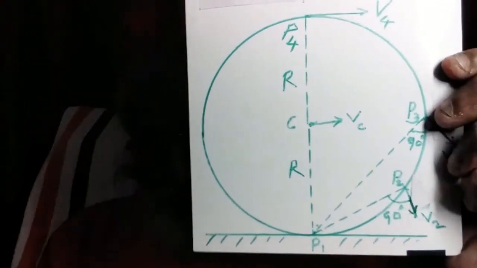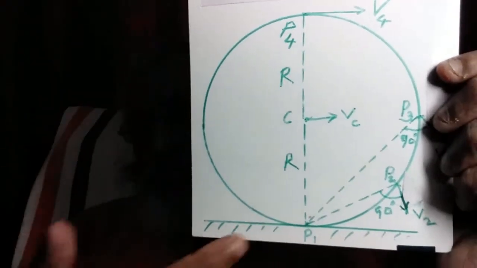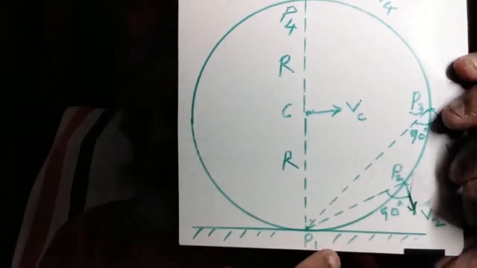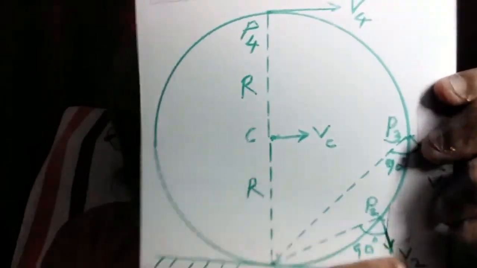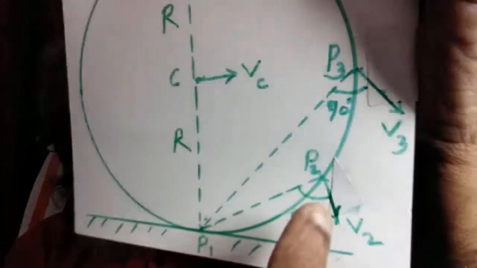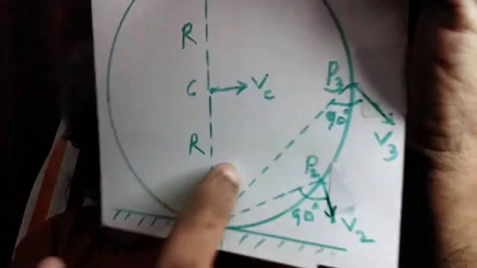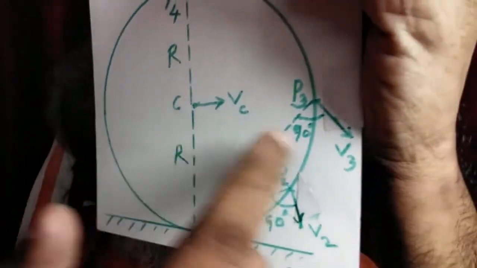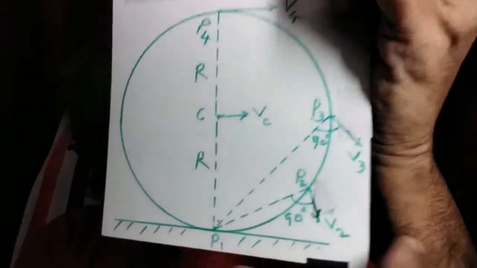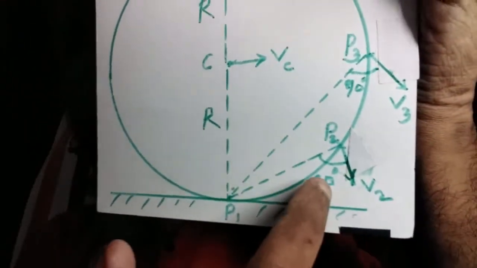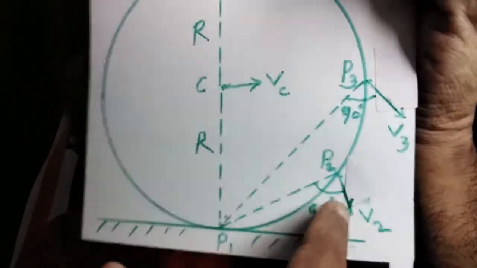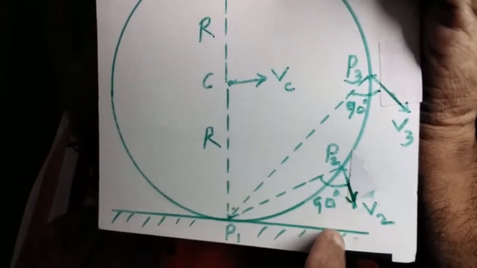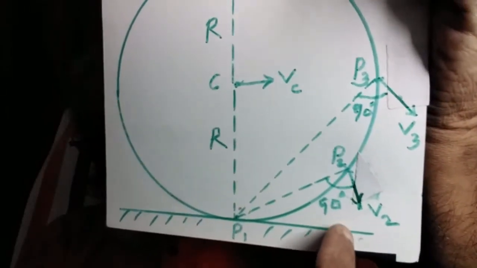Next, after some time, this P1 is replaced by another point, say P2. As the disk rolls towards the right, this point P2 will come into contact with the ground. At that time, P2 is the instantaneous center.